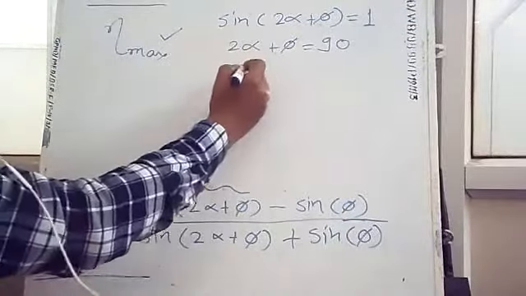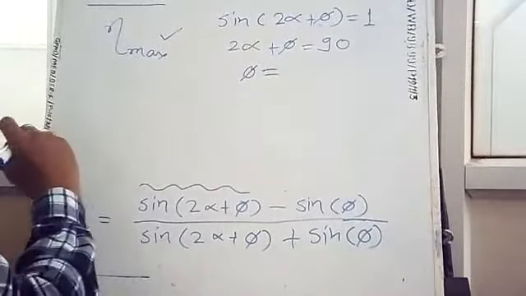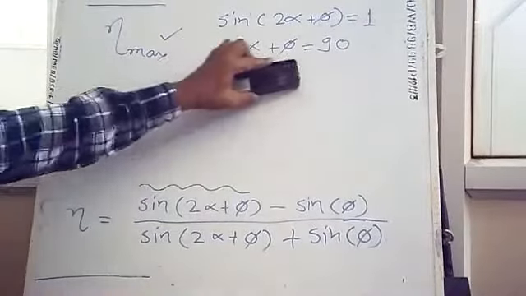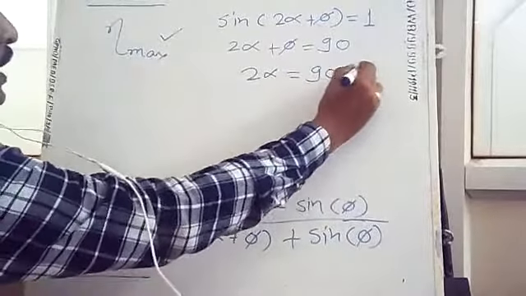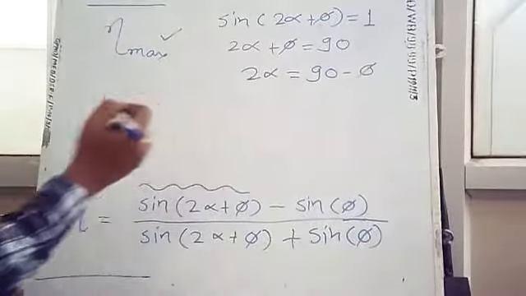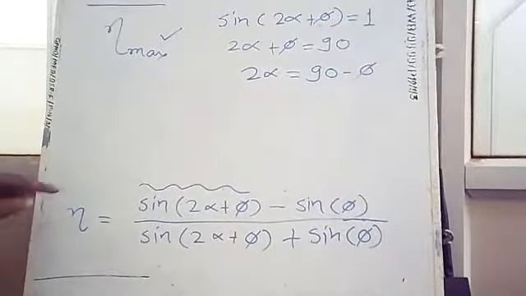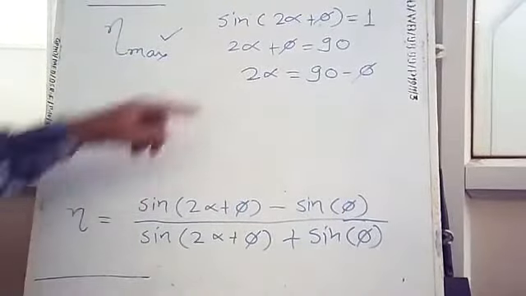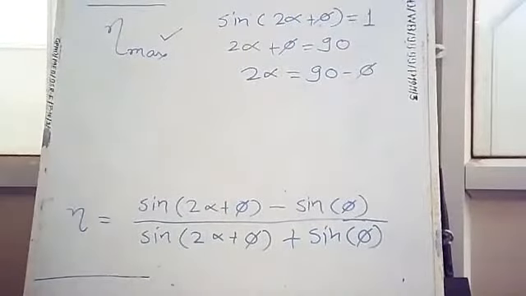Okay, so that means in that case, the value of 2 alpha, if it is equal to 90 minus phi, then the condition is maximum. Now if I put this maximum condition, 2 alpha equal to 90 minus phi, into the equation, then this becomes maximum.